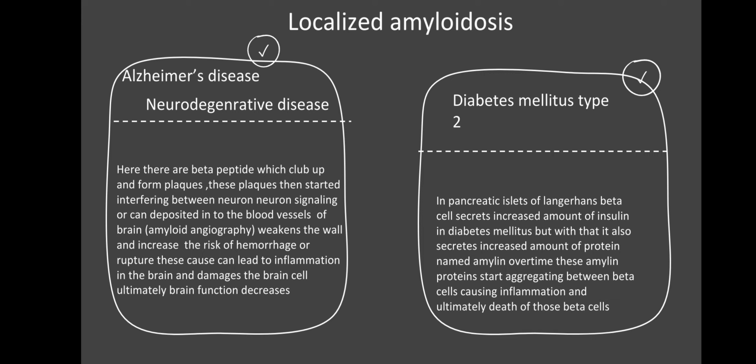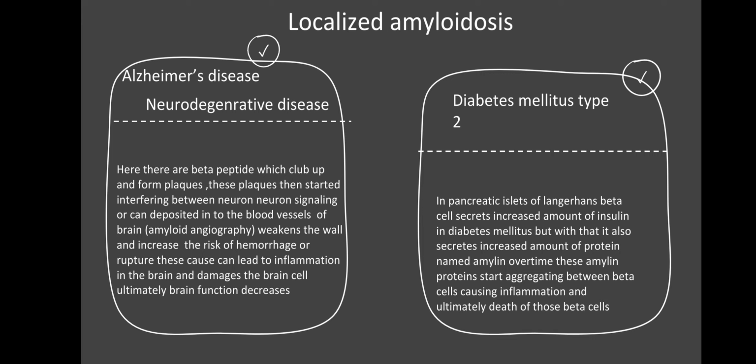What happens in diabetes mellitus type 2? Here, the pancreatic beta cells secrete a high amount of insulin. Along with insulin production, they also secrete amylin protein.